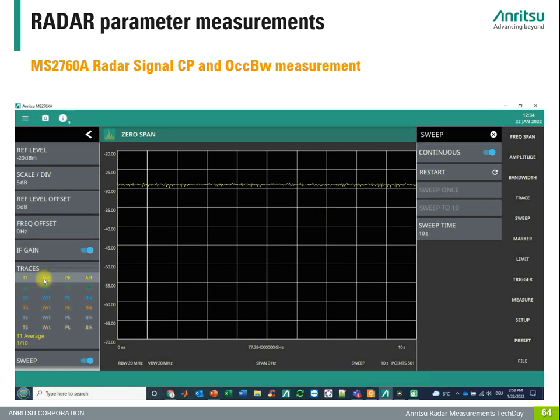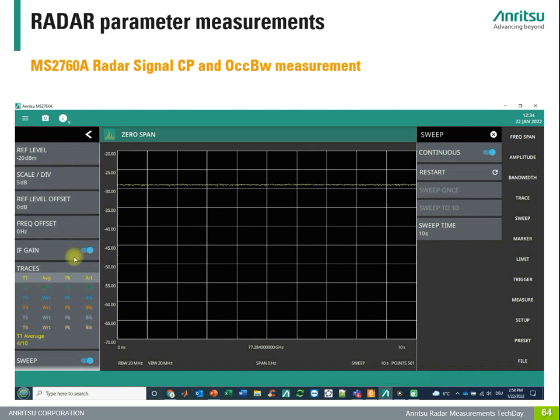This means by applying such a long sweep time, we are essentially averaging the received power more and more. This is kind of linear averaging, and we will see later on that this figure corresponds quite nicely with the figure that we can measure in the frequency domain mode.